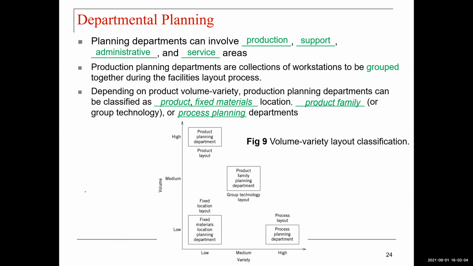And then you will just skip some of the stations that are not necessary for that product. Overall, you follow the same flow, but if you need to skip some of them or you need to add some of those steps, depending on the product, you can do that with a product family department.